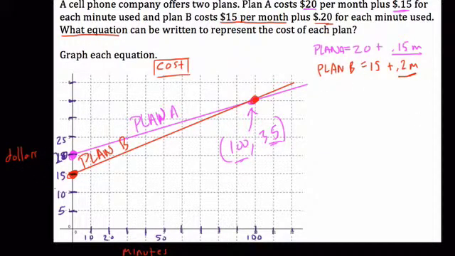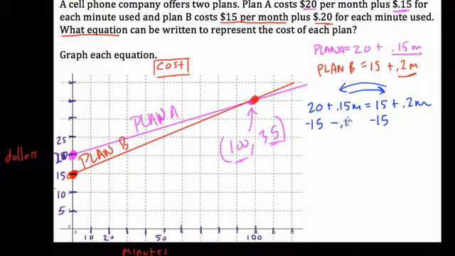You can also find this out algebraically if you want to know when they meet by setting the two equations equal to each other. It's a great exercise, especially when you're learning this. Let's bring our variables over to the right and our numbers to the left. So subtract 15 to bring it over to the left, and subtract 0.15m to bring the variables to the right.